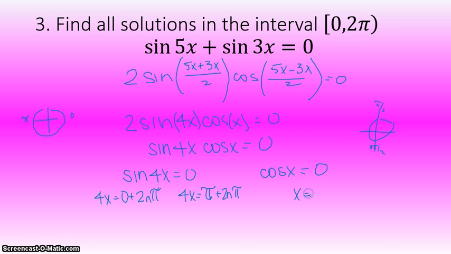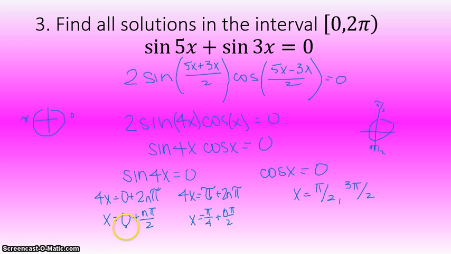So I have x equals pi over 2 and 3 pi over 2. Okay, when I solve these, here I'm going to get x equals 0 divided by 4 is 0, so plus, sorry, 2n pi over 4 is really just going to be n pi over 2. Here I'm going to have x equals pi over 4 plus n pi over 2.